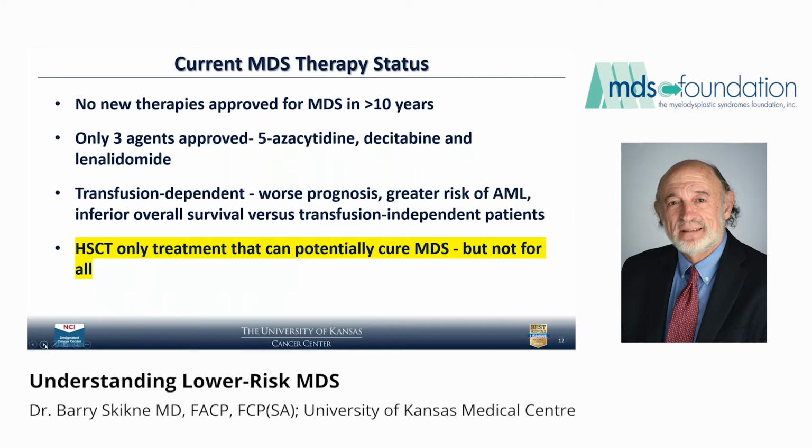But there is a risk of dying from complications of a transplant, which is maybe up to 20% by the end of the first year after a transplant. So it's a balance that one has to make between risk versus potential cure in each patient, and there will be a talk on transplantation for MDS patients by one of my colleagues in a couple of months, I think.